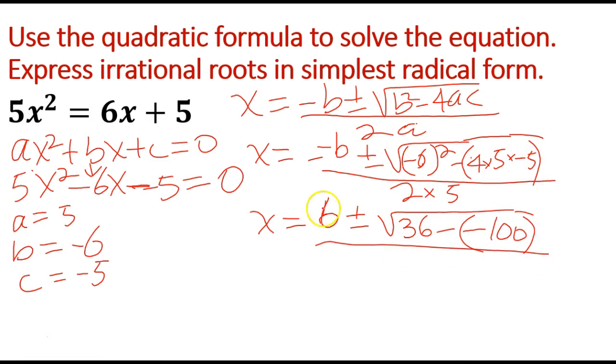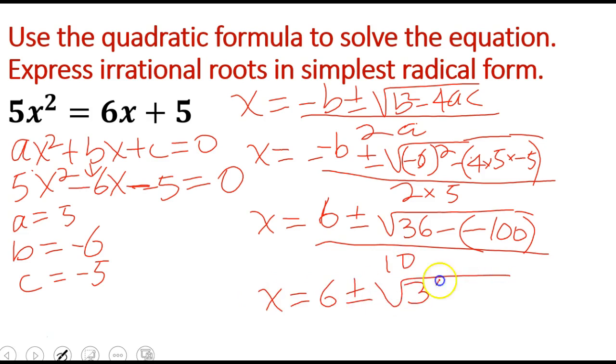All over 2 times 5, which is 10. So x equals 6 plus or minus the square root of 36, and the opposite of negative 100 is positive 100, all over 10.